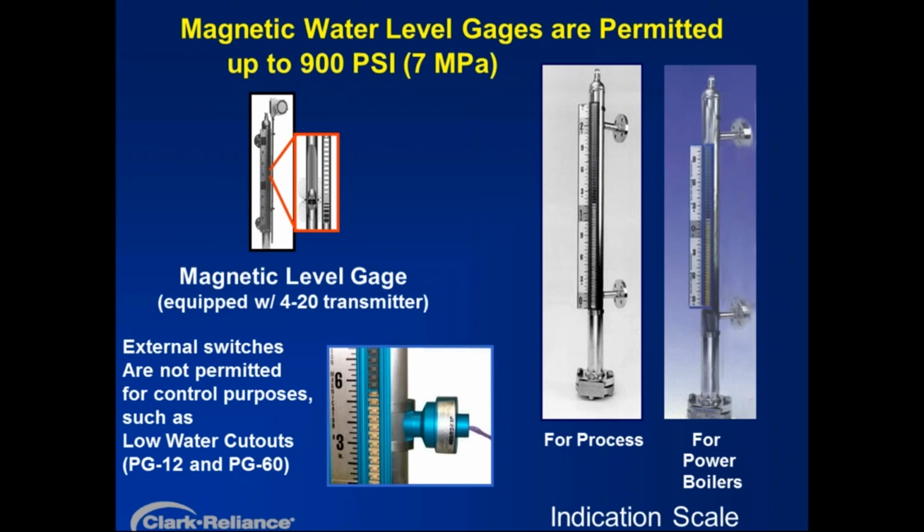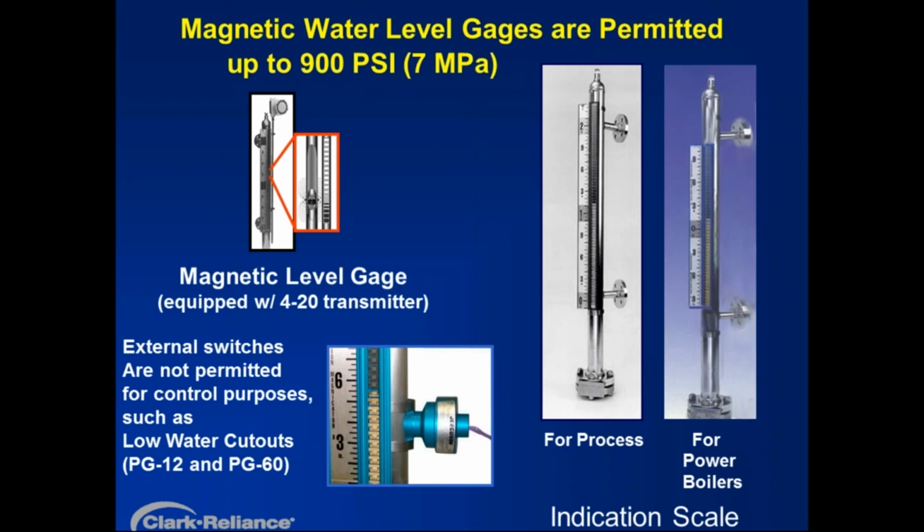And if you think on a process application such as a tank of oil sitting there, that if there was always a dead leg of fluid indicated down at the bottom that can't drain back to the vessel, there would be no harm, no foul if this is just an unfired vessel with a tank of fluid in it. But if it's a boiler, we've got a very serious condition if an operator thinks they have water that they really do not have in the boiler. So you'll notice on the illustration to the right, the indication scale does not intersect the branch connections. That is an ASME code requirement.